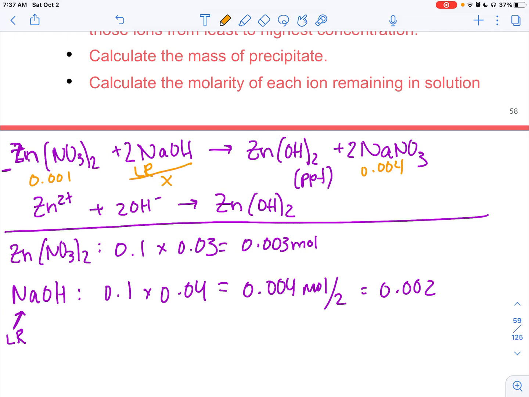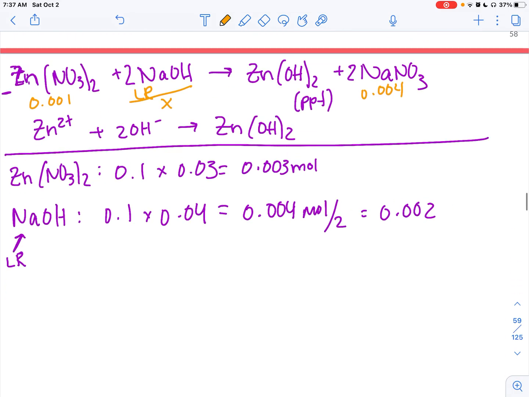Okay, so that's how much we would have there. And then for our ions, we're going to say that OH was completely used up because it was in the precipitate. Okay, so that's what we would have said last unit. So we would just be looking at Zn2 plus and NO3 minus and Na plus.